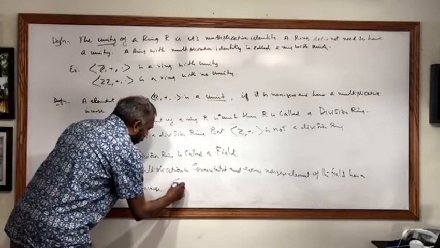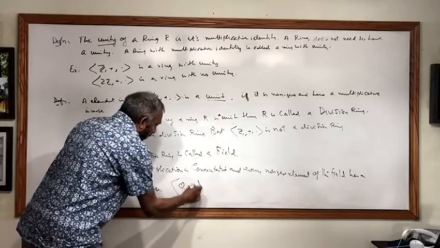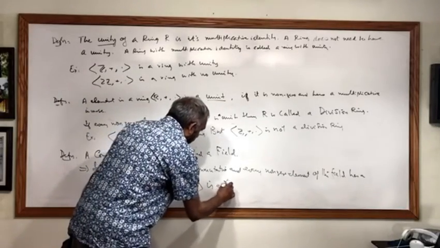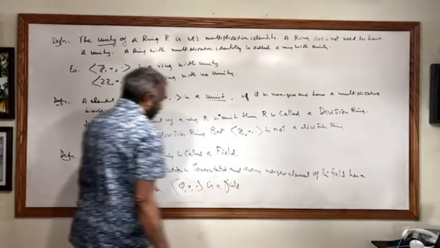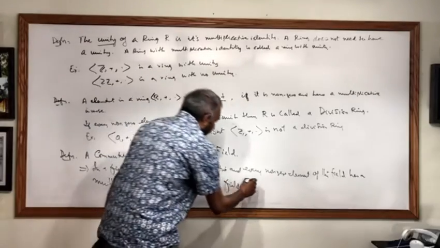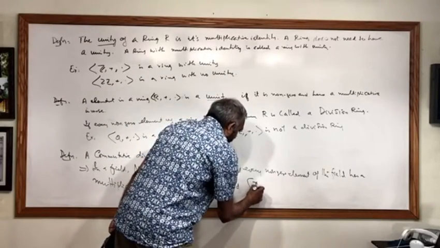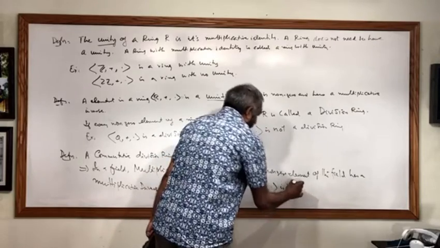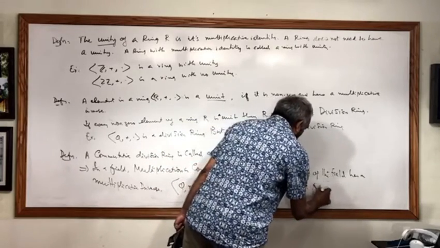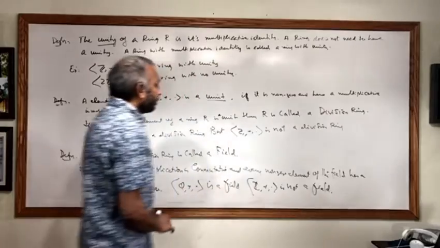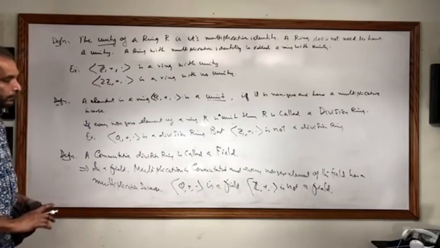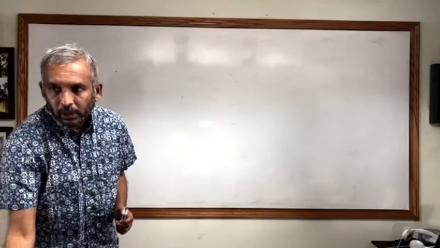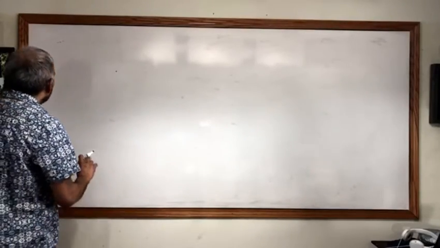So Q with plus and multiplication is a field, but Z is not a field. We'll have a couple more definitions.